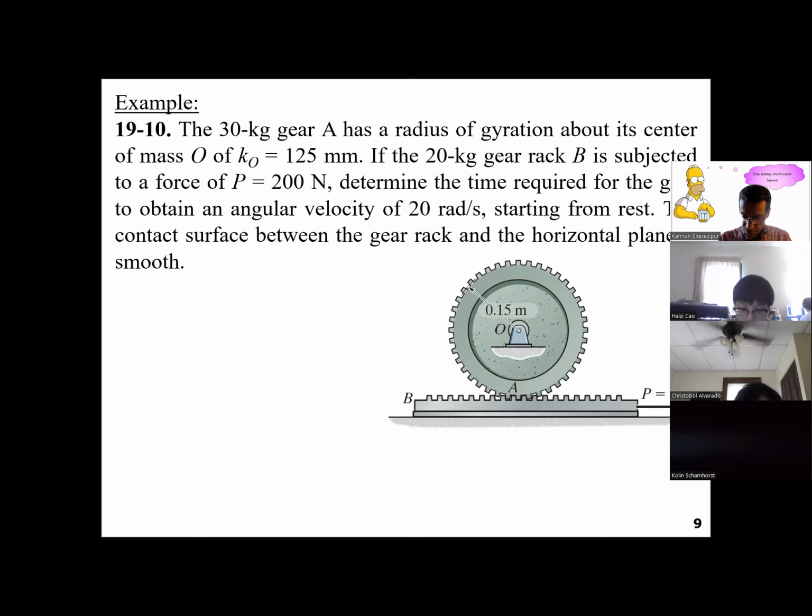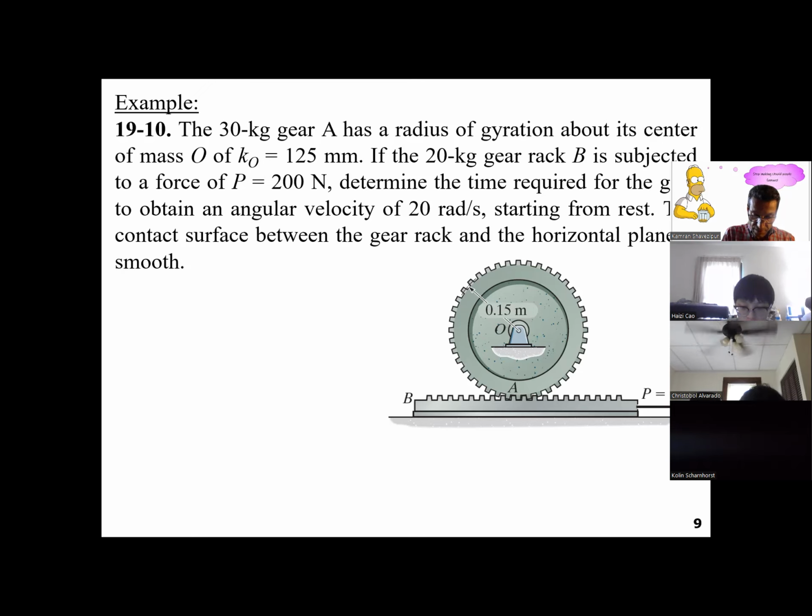So for the gear, we show it with G. For the rack, we show it with P. The contact point is A, and I'm going to tell you why that matters. So M of gear is 30 kilogram. M of rack is 20 kilogram.